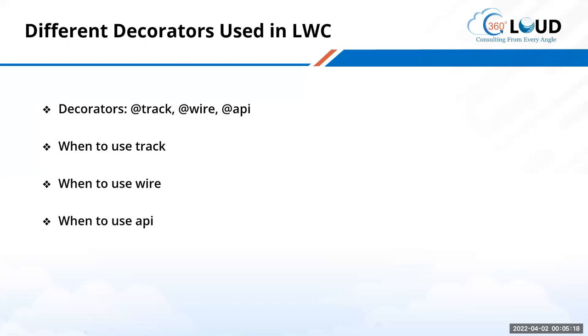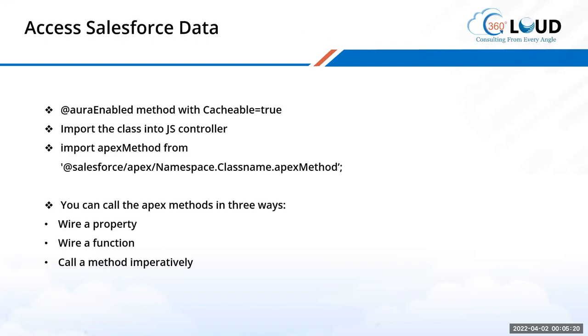First, let's talk about wire. To access Salesforce data, we use a wire property. And if we want to call a particular Apex method inside our component, for the class method we have to use the @AuraEnabled annotation with cacheable=true.